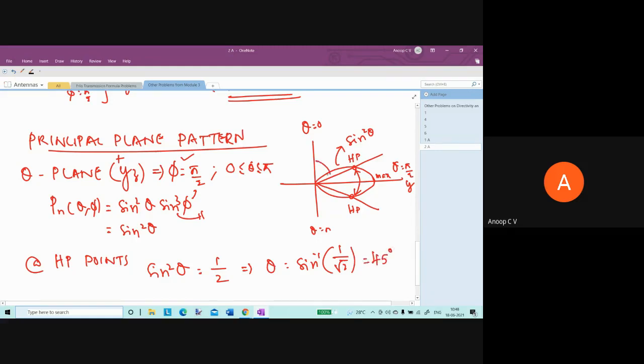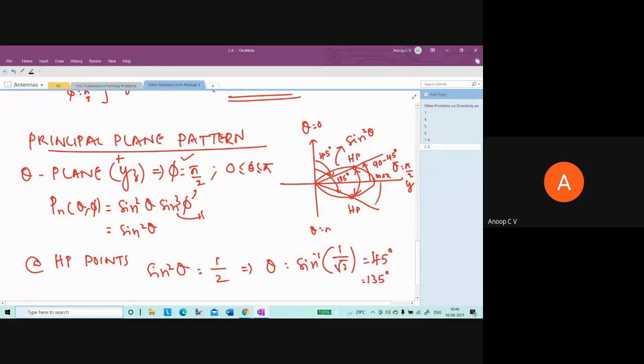So when theta equals 45 degrees, you get one half power point, and also for 135 degrees. The next half power point is theta equal to 135 degrees. Theta is measured from theta equal to 0, not from the maxima. So I need to find this separation, and to find it, I need this angle, which is 90 minus 45 degrees. Fortunately, as this is 45, this will be 45 itself.